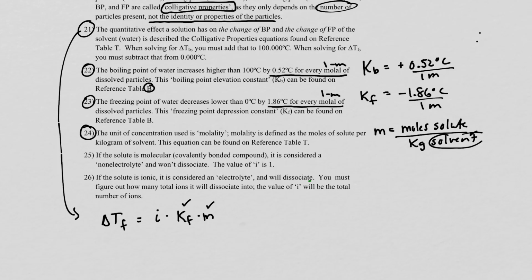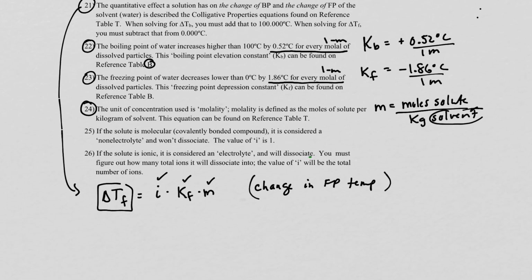We know what KF is. That's the freezing point depression constant of negative 1.86 degrees Celsius per every 1 molal solution. i is going to refer to the number of particles that the compound dissociates into. We'll talk about that in a moment. But when you multiply those three numbers, it is equal to delta TF, which is the change in the freezing point temperature. So that's what that is going to help you calculate.